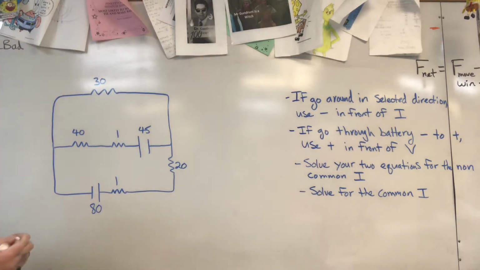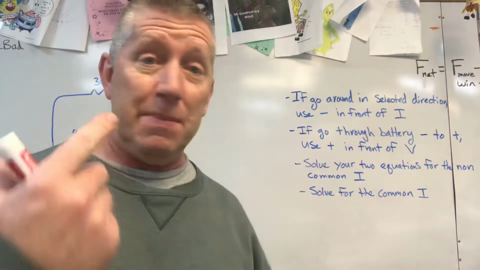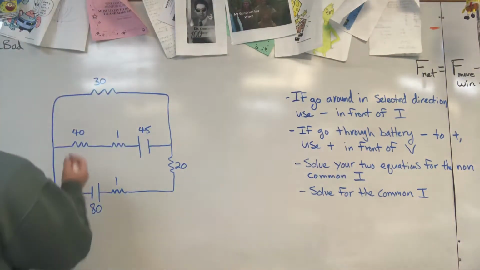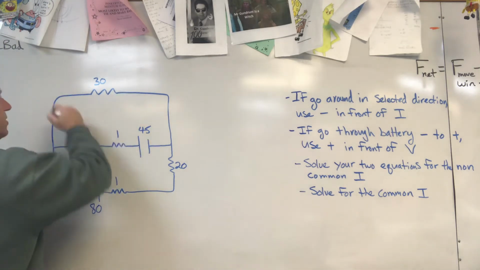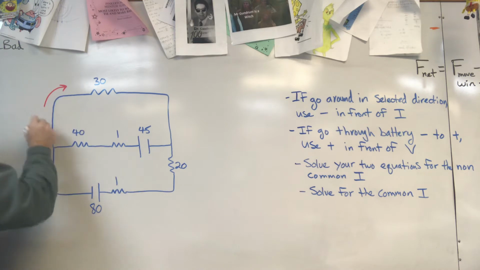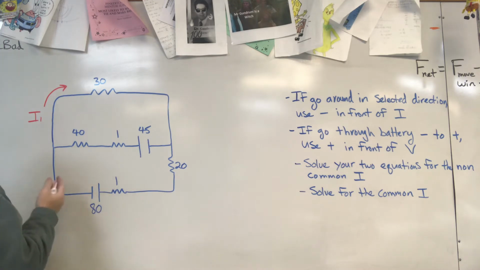Okay, here's what I'm going to do. I am going to call this current going around up here I1. And I'm going to call the current down here on this line I2.